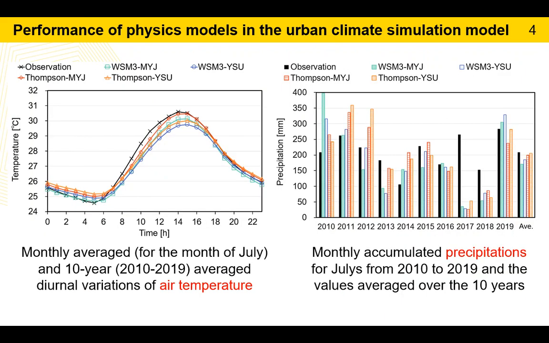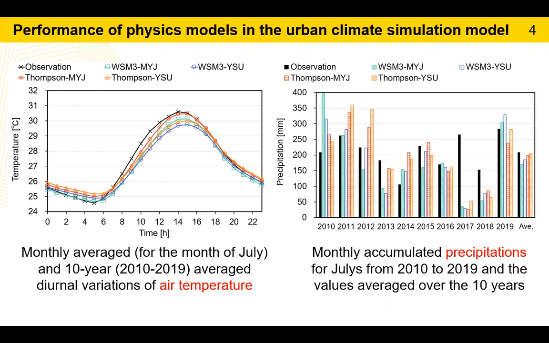As an example, these figures show the comparison of the performances of several cloud microphysics models and turbulence models in predicting air temperature and precipitation.